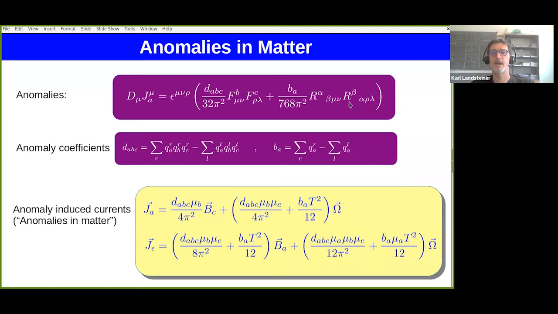So how can this term ever play a role for the physics of materials? Well, the point is that the presence of this gravitational term in the anomaly equation is determined by this anomaly coefficient. But that's also the anomaly coefficient that tells you that there is this current induced at finite temperature, either if you rotate the sample and you get some, say, axial current, and even you can generate an energy current, which is part of the energy momentum tensor, if you apply just a magnetic field, and it goes like T squared.